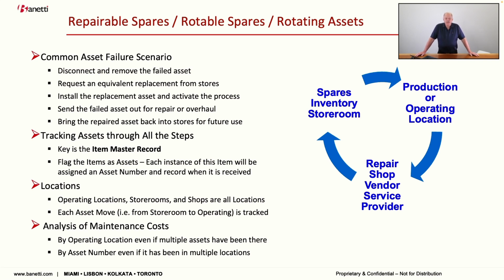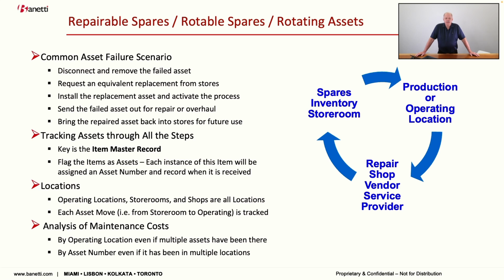They want to have that motor out of there as quickly as possible, put a replacement in from inventory, and get that pump back up and running so that the oil keeps moving. Meanwhile, that broken motor can go off to a repair shop, internal or external, and be repaired, and then be put back into that store's inventory for a future application anywhere in the plant that requires that type of motor, that size, those types of things. So we need to keep track of all of that.